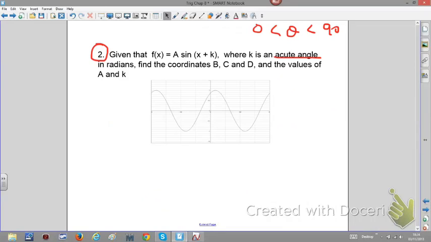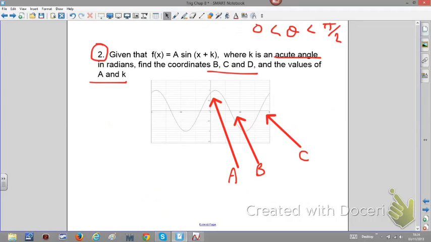And the angle's got to be in radians, so I'll perhaps change that to pi over 2 rather than 90. You're going to find the coordinates A, B, C and D, and the values of A and K.